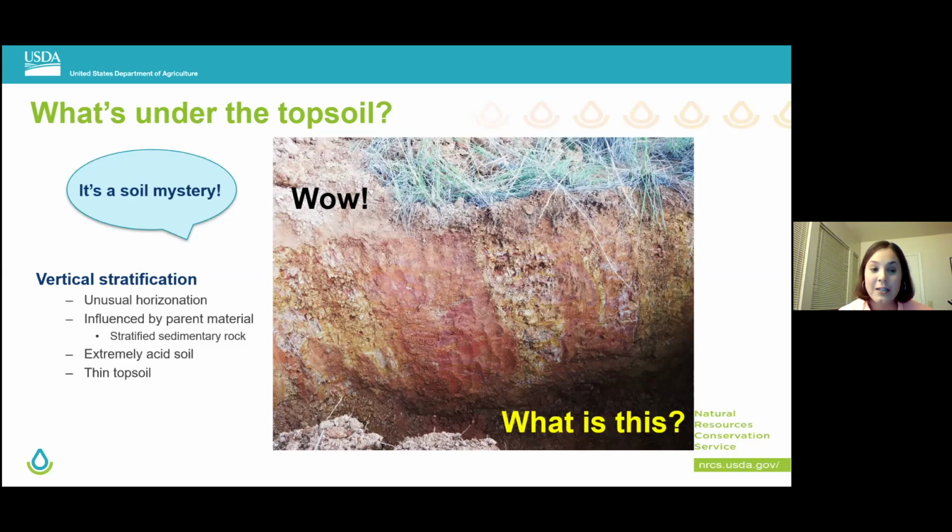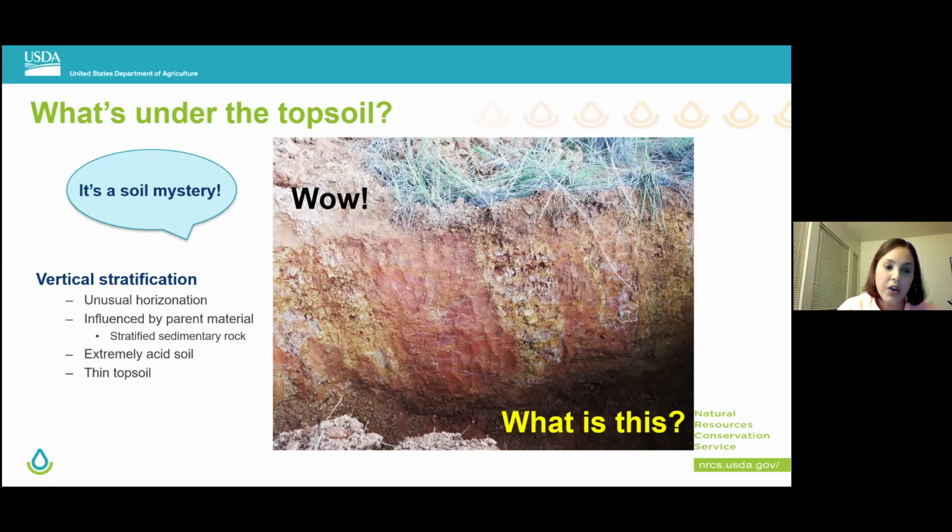That is my thesis, right there. Can you see horizons there? Like the horizons I showed you in the previous soil profiles, like that block diagram with the O, A, E. Can you see that here? You're not going to see it, because the horizonation here is very unusual.